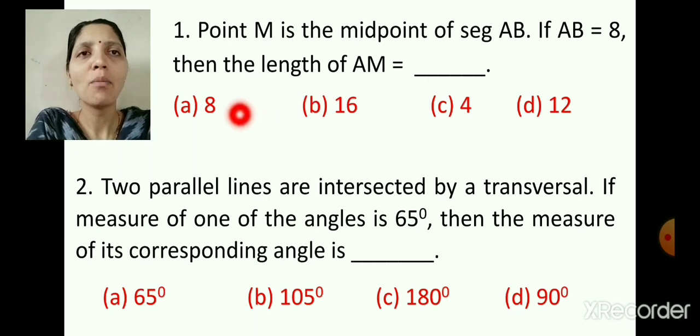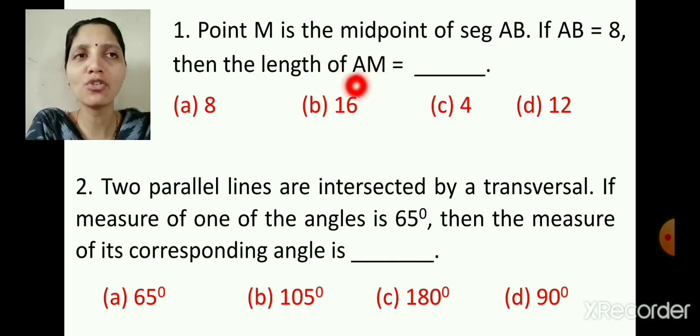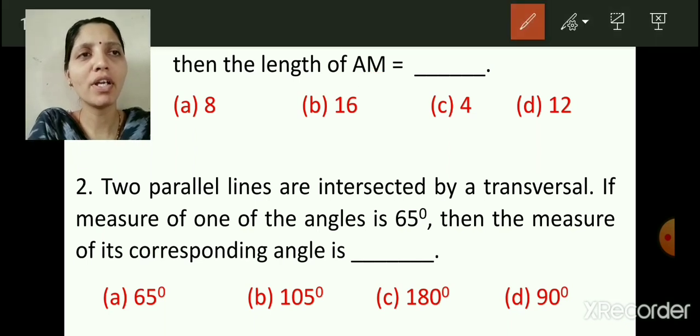Now point M is the midpoint of seg AB. So that means this point M divides the segment AB into two equal parts. And if AB is 8, then what will you get as the length of AM? First you draw the diagram according to the given.